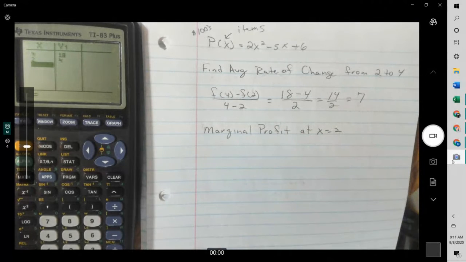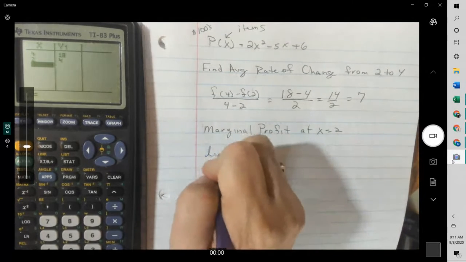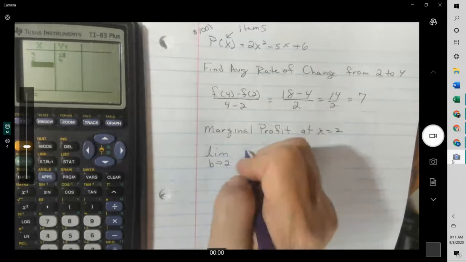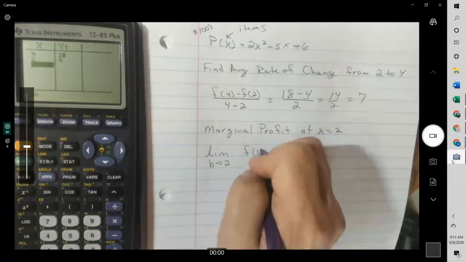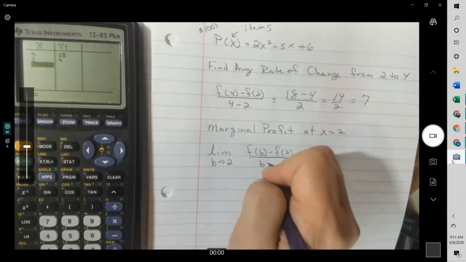So we want to find the instantaneous rate of change at 2, which means we're going to find the limit as b approaches 2 of f of b minus f of 2 over b minus 2.